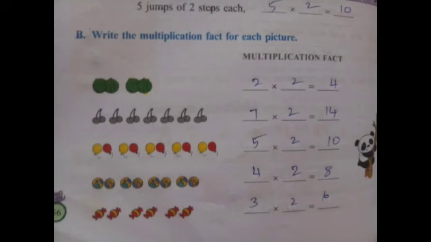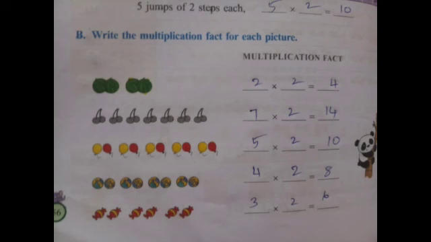In the B section we have to write the multiplication fact for the picture. They have given only the picture. We are going to write the number. So how many groups are there? 2 groups. In each group how many are there? 2. Okay, 2 twos are 4. Then the second one, a strawberry picture. There are 7 groups of 2. 7 twos are 14. Next one is balloons. 5 groups are there. 5 twos are 10.